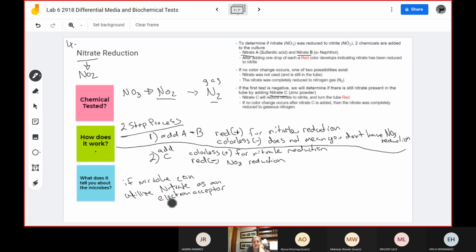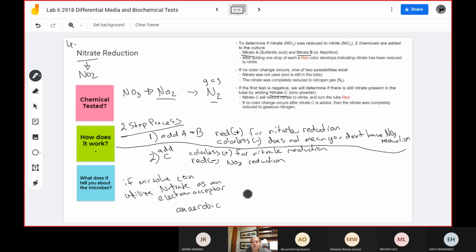The thing to note about this, if a bacteria is using nitrates as an electron acceptor, it's usually in an anaerobic situation, because oxygen is such a better electron acceptor that most bacteria will automatically choose to use oxygen. Some bacteria have evolved to use nitrate because they're not as competitive in an oxygen environment.